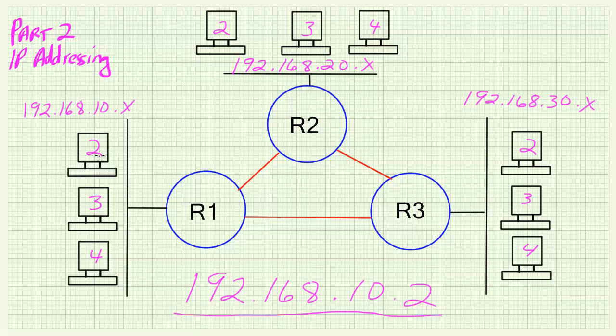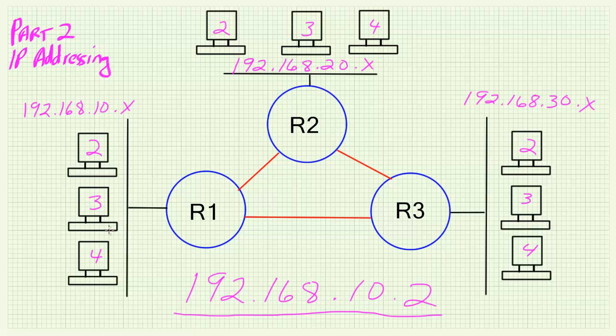I've identified the workstations as 2, 3, and 4. So the way we should read this would be to say 192.168.10.2. That's the IP address for the first workstation in location number 1 here. And 192.168.10.3, that's the IP address for the next workstation here in the middle. And the last one down at the bottom is going to be 192.168.10.4.